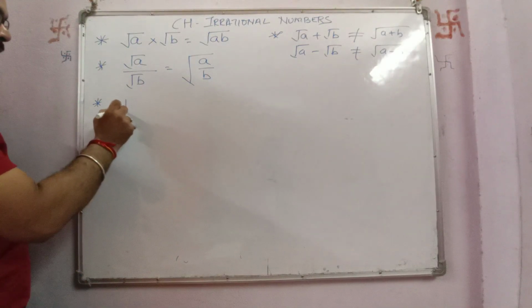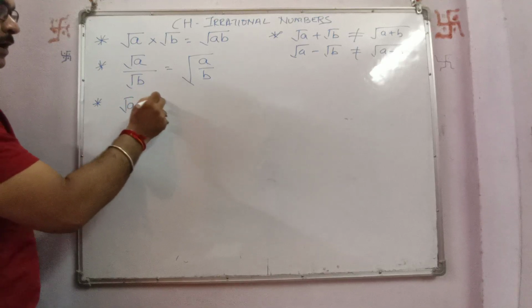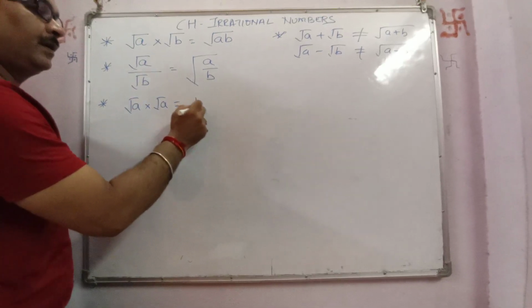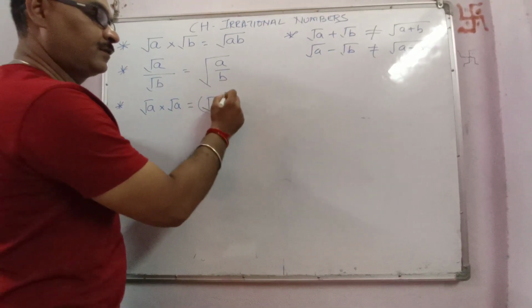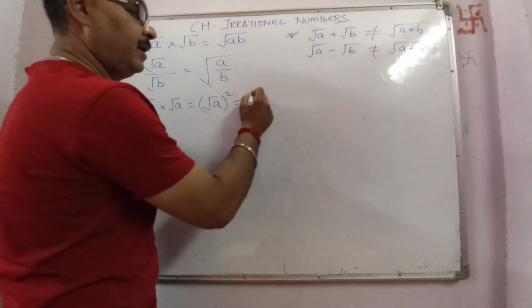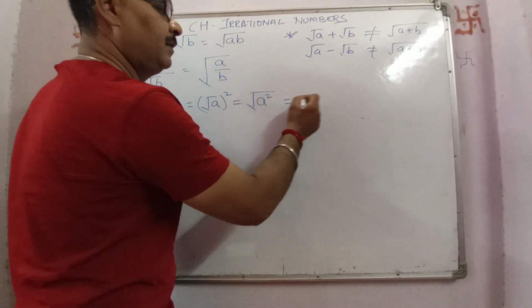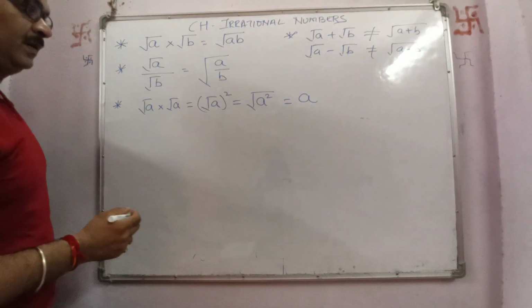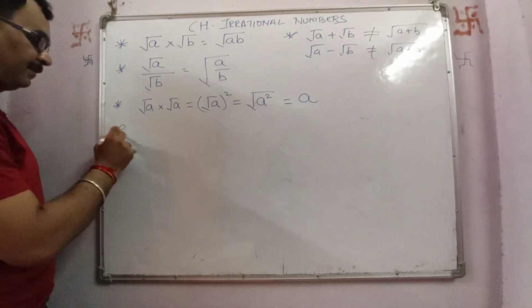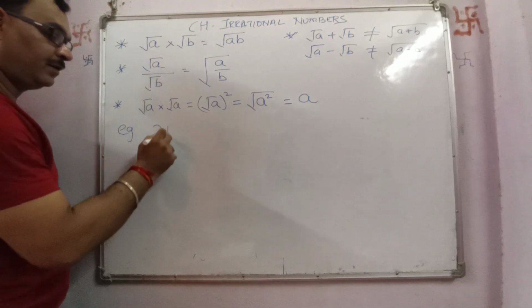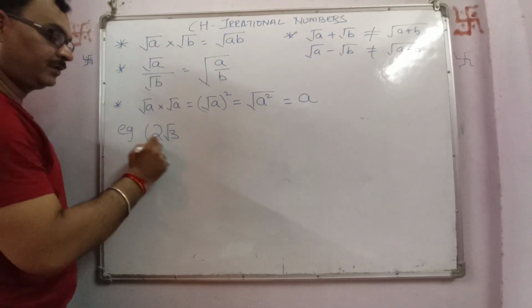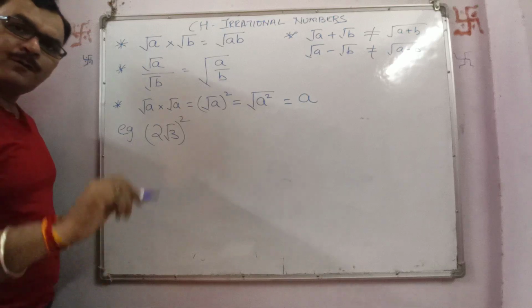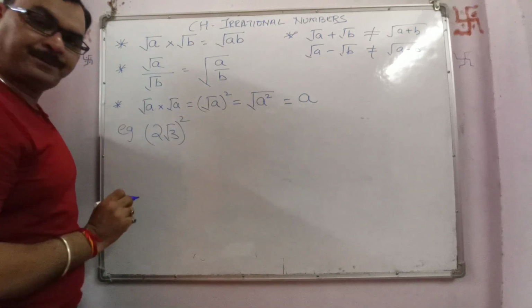Now, if root a into root a, or this can be written as root a square, that is equal to only a. You must remember this. Say for example, if you need to find out the square of 2 root 3, what basically means of square?